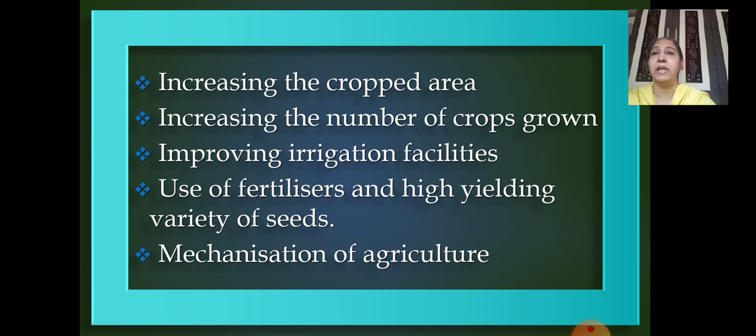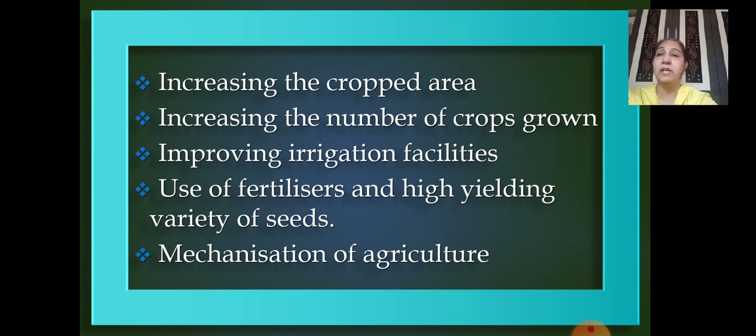Increasing the cropped area. The cropped area should be increased, then the output of the crops will definitely increase, right? And the number of crops grown should also be increased. So one method is increasing the cropped area, and another is increasing the number of crops that are grown, and the most important, improving the irrigation facilities.